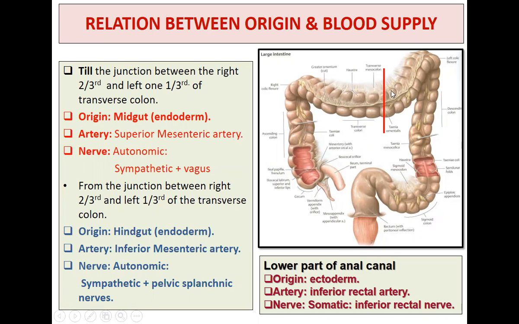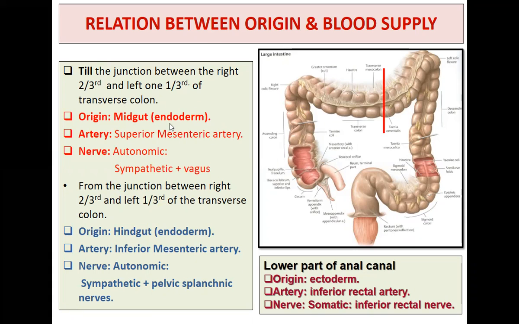The remaining part develops from the hindgut. So this junction of the right 2/3 and left 1/3 is very important.